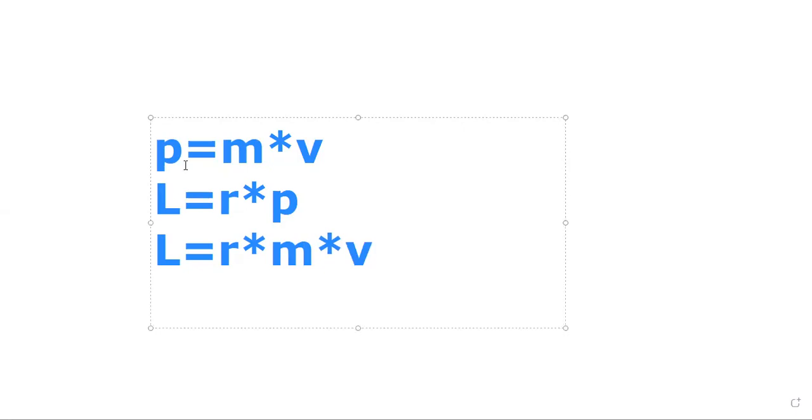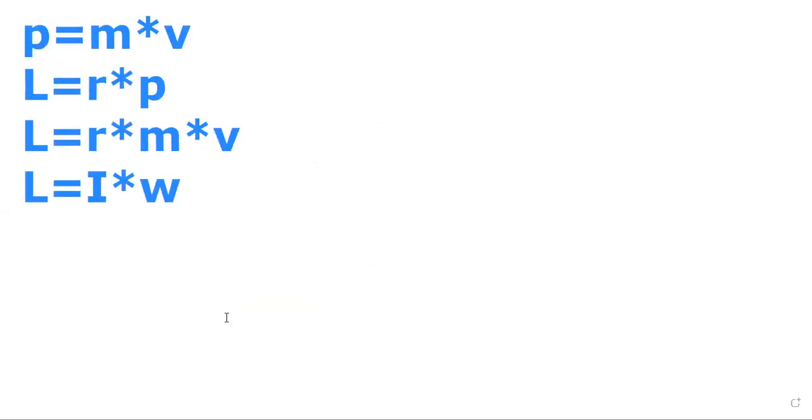And we also say that L equals I, which is the moment of inertia, times omega, or angular velocity. So those are the rules that we learned about linear and angular momentum. And those rules we will use a lot in our session today, because we're going to know what the conservation is, depending on them.